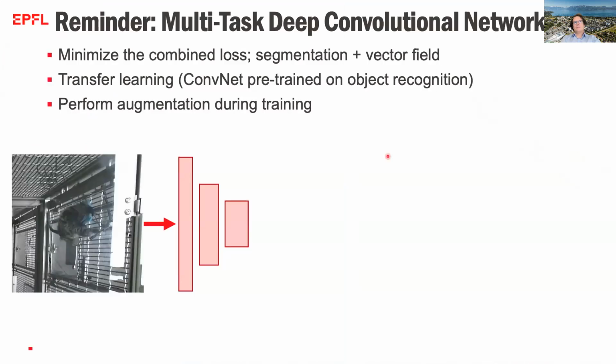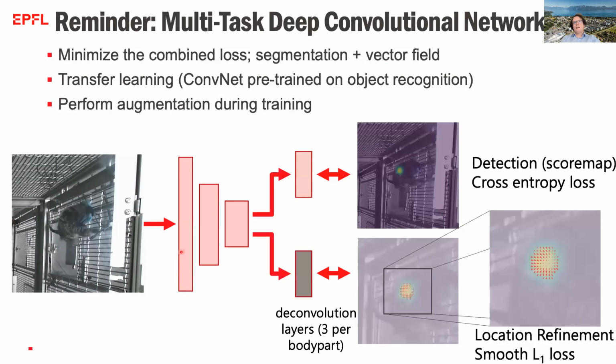So as a reminder, DeepLabCut is a multitask deep convolutional neural network where we have a backbone, which can be picked and, by default, is a ResNet. It has 2 outputs, a so-called detection output and a local refinement output, which gives you 3 deconvolutional output layers per body part.